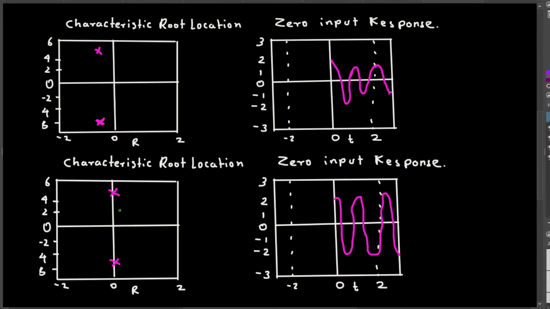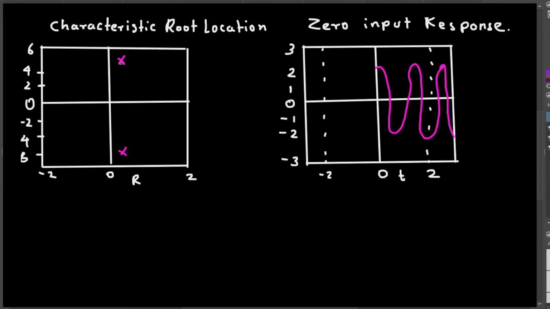And this one is marginally stable because the roots are 0, the pole sits at 0 on the real axis. It goes like this. And if you go to the right side, now this is a positive real value. This is unstable. This is the zero input response.